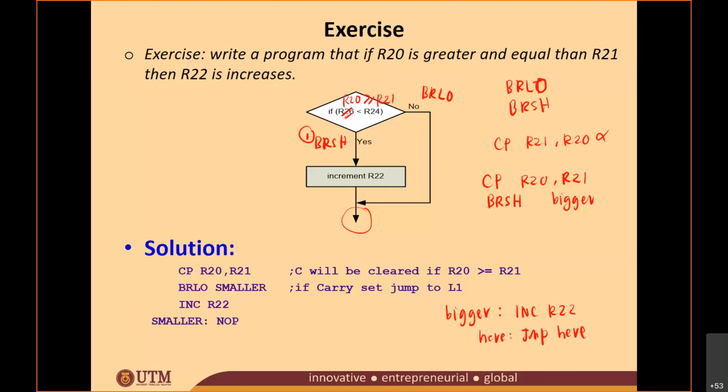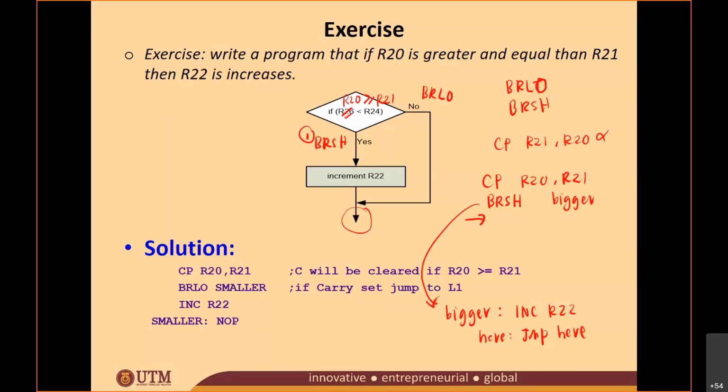What happened if R20 is smaller than R21? What are you going to put down here after the BRSH instruction? Apa yang kita nak kena tulis kat situ? Because if R20 is greater than R21, then it will go to here.